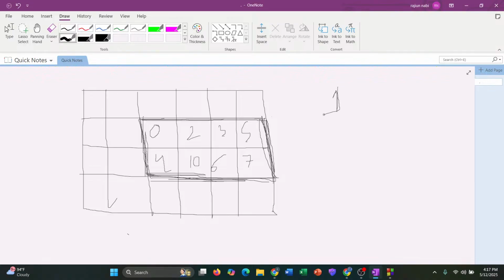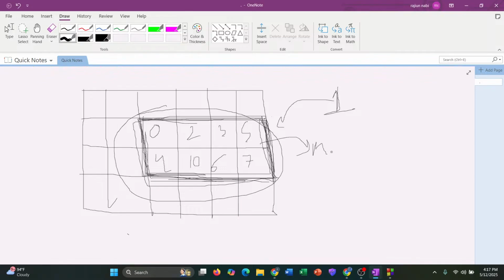The first element, 1, is not present in this subgrid. So for this subgrid, the max will be 1.